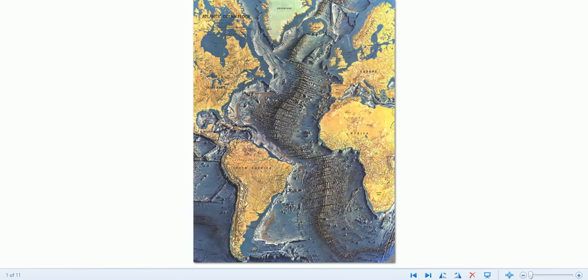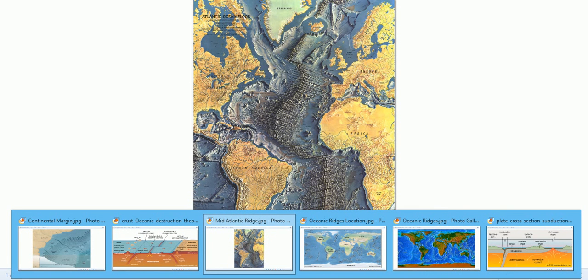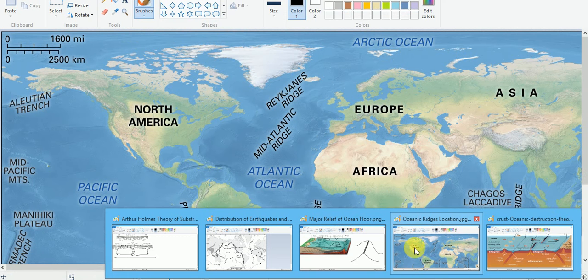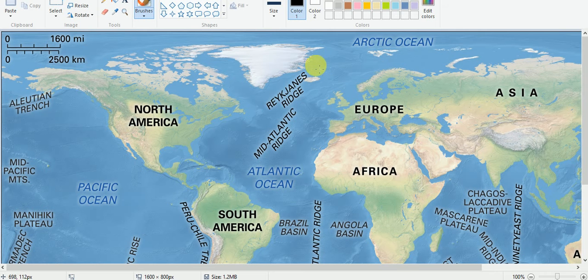Let us find some more examples. Here you'll find locations of many of these oceanic ridges.